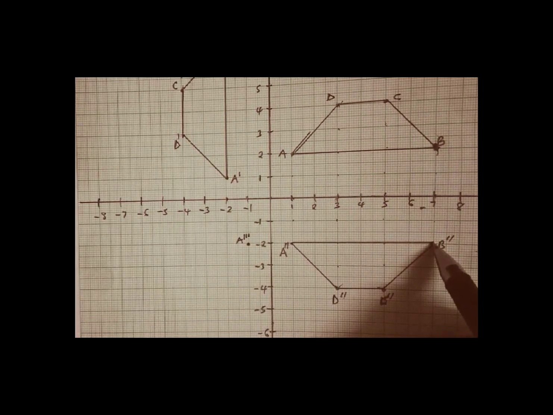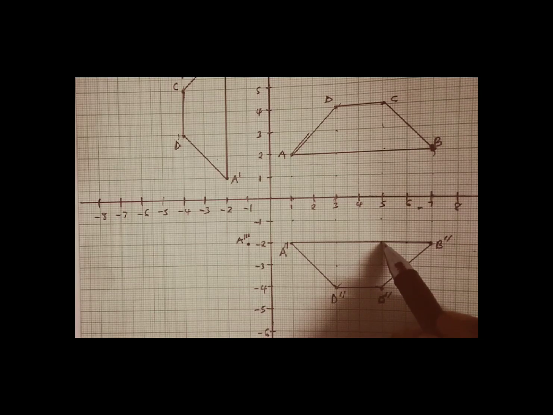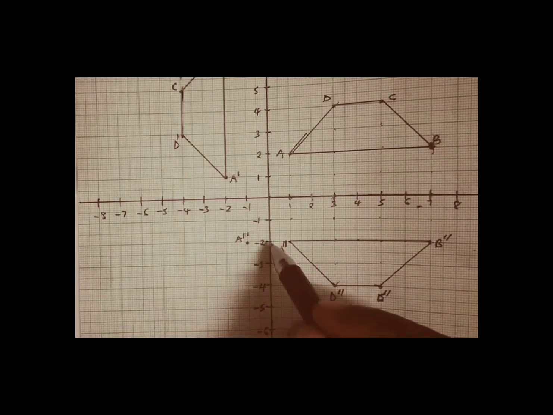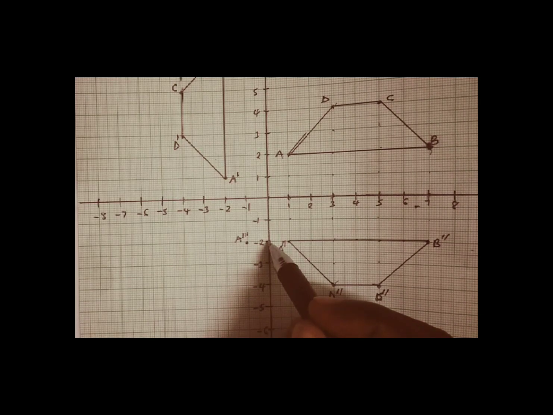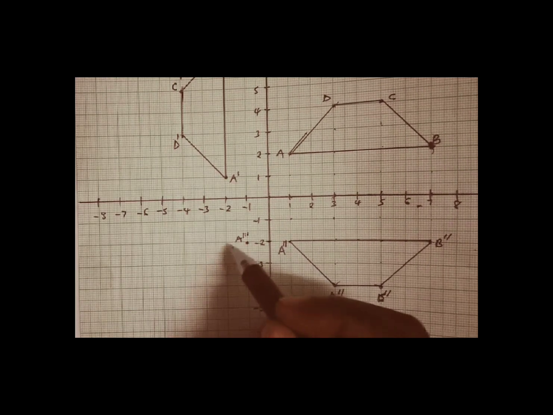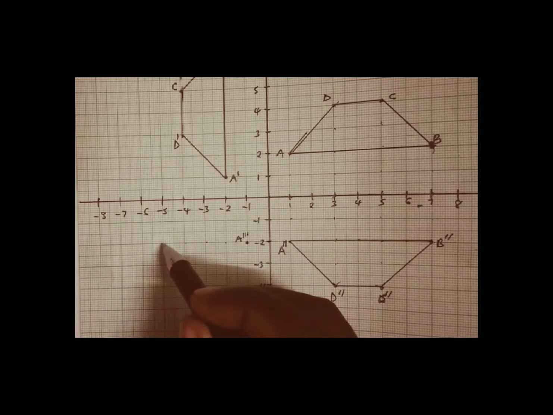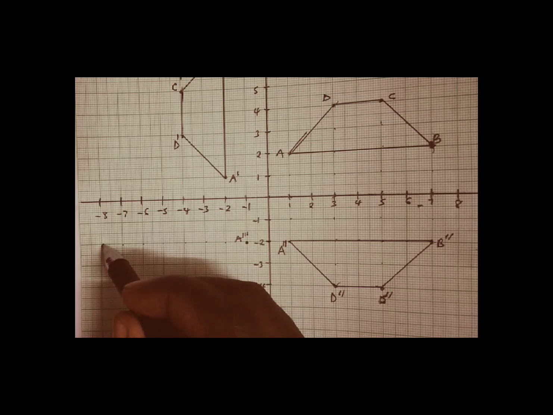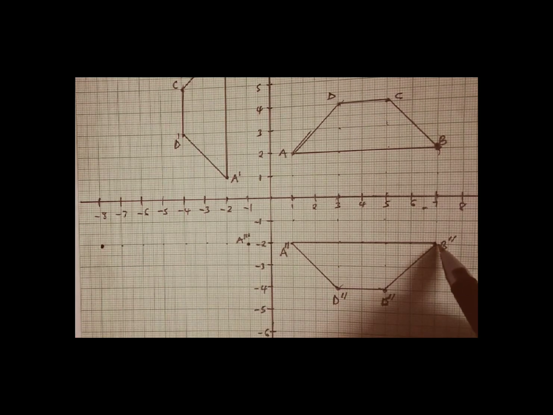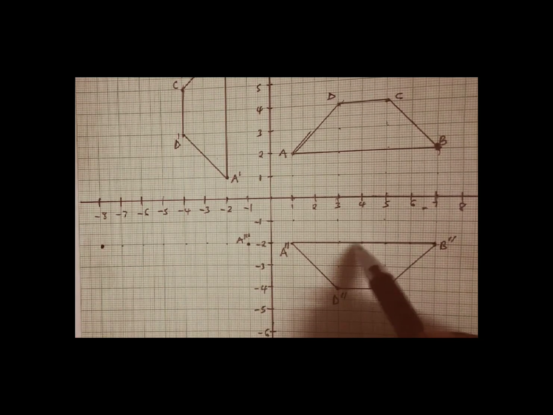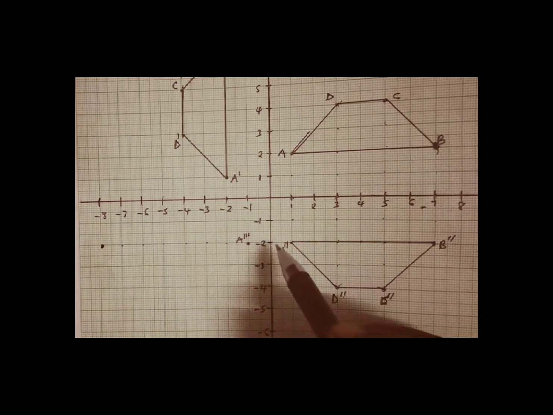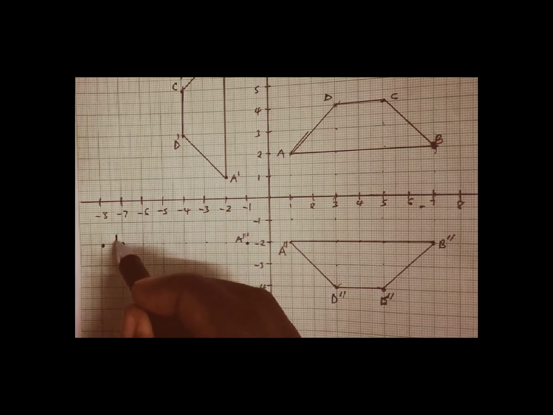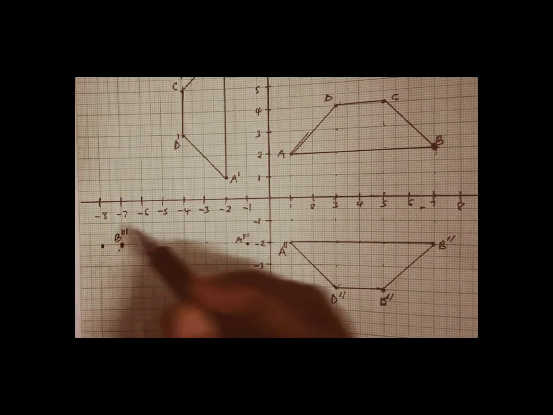Then this is B, this is 1 2 3 4 5 6 7 8. We do the same. This is 1 2 3 4 5 6 7 8. This is where we are going to have, let me see, this is 1 2 3 4 5 6 7. Therefore 7 is going to be here. This is our B triple prime.